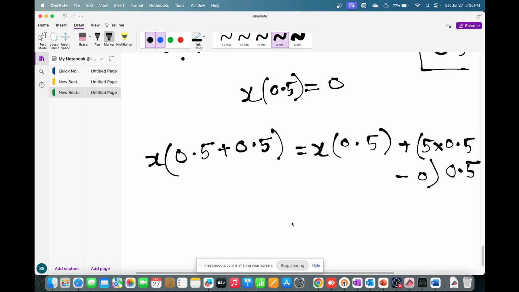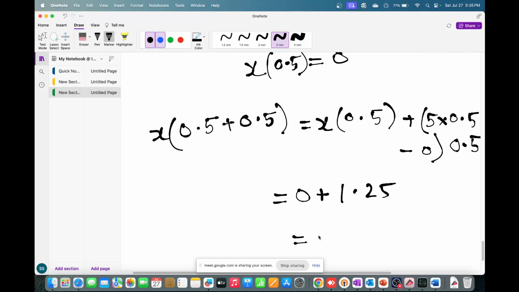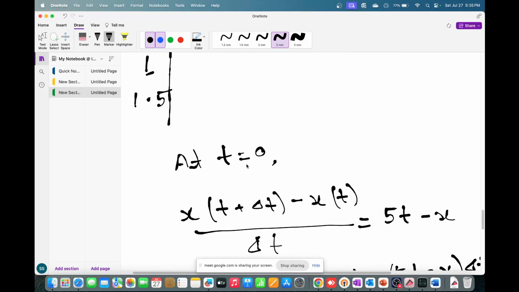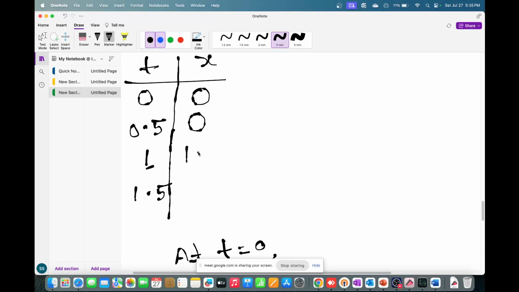So again x of 0.5 is 0 here, 0 plus this is basically 2.5, and 2.5 into 0.5 will be 1.25. So the value of x at 1 becomes 1.25. You substitute it in this table.